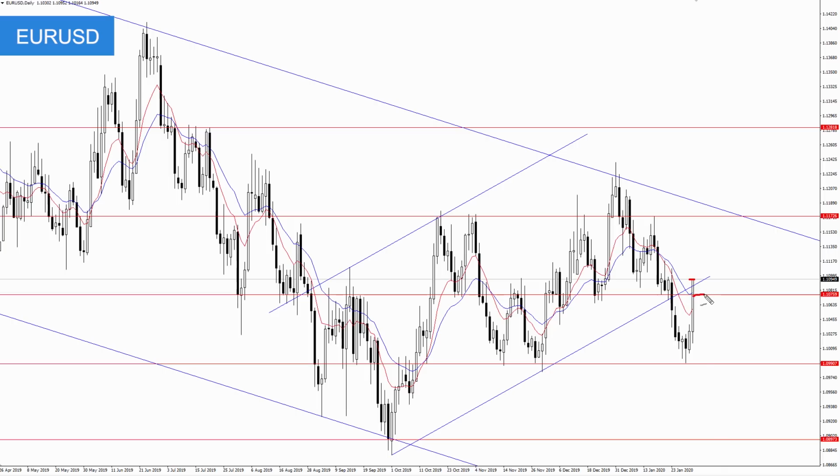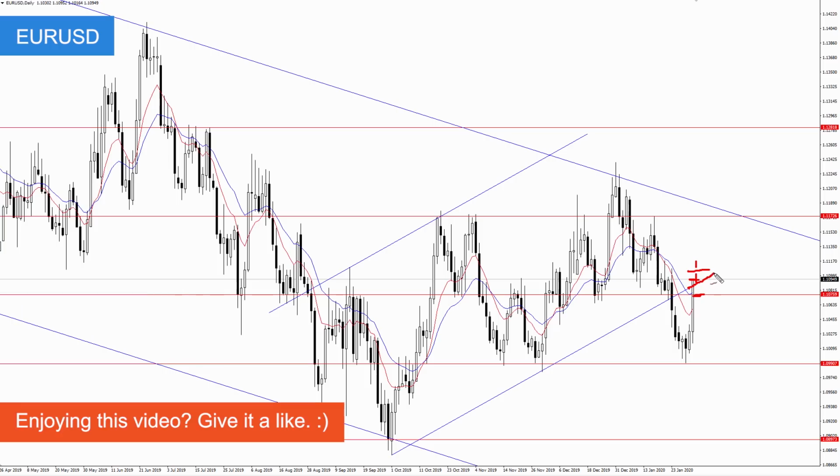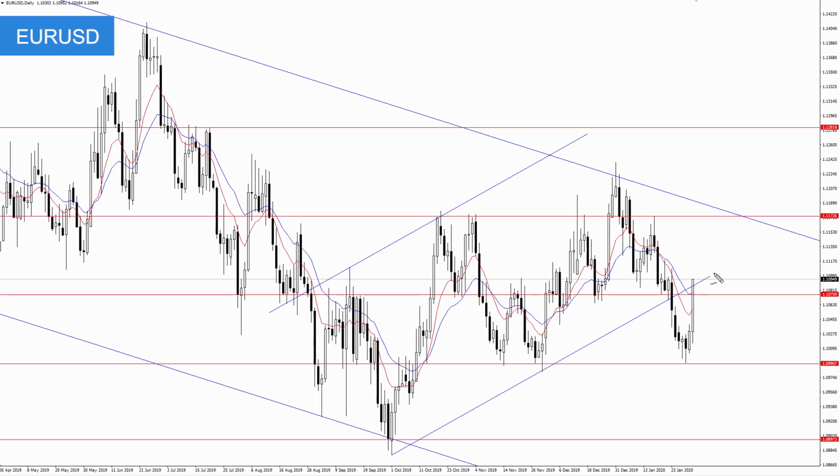If the pair gaps lower, or if we gap higher or about at Friday's price, either of these two scenarios could be bullish for the pair. Now, if we open down here, that could be bearish and it could keep this level intact as resistance. All right, so it's all going to come down to where Monday opens. But as of right now, I would not want to be a seller here, because anytime you get an aggressive move back to a key level like this, all right, I've talked about this before, look at the limited space between this move lower and the retest.